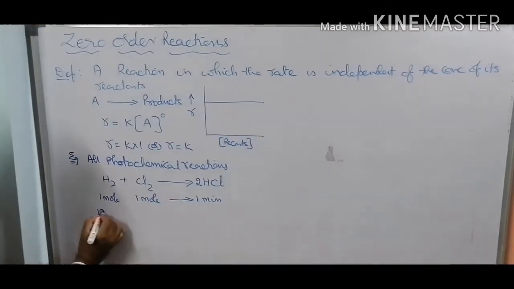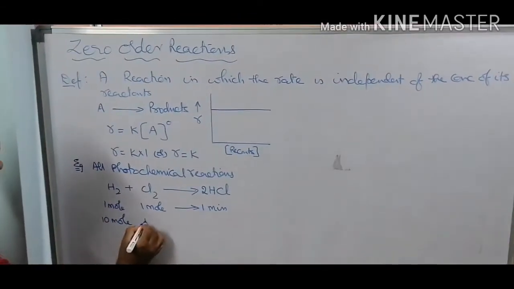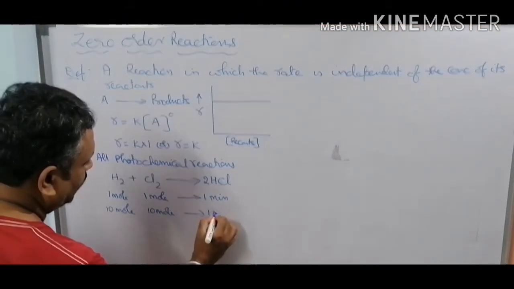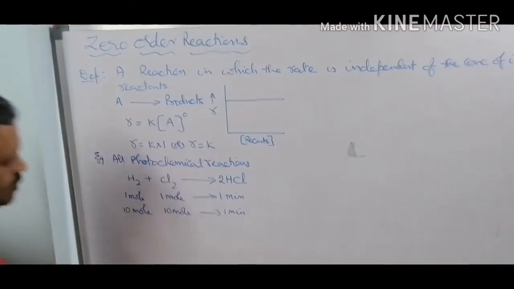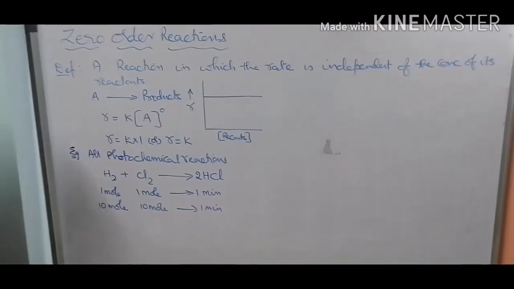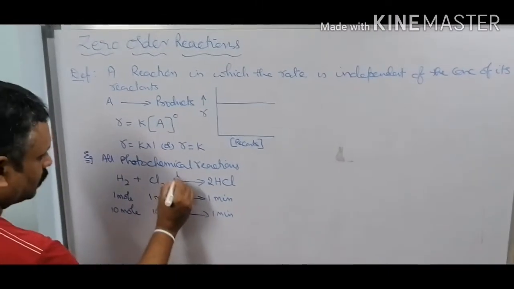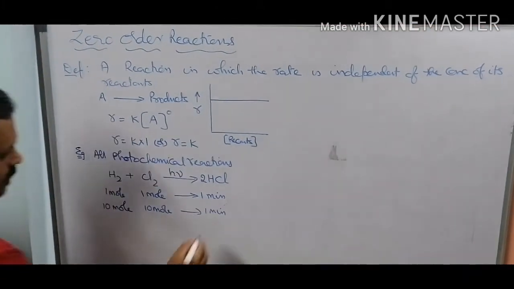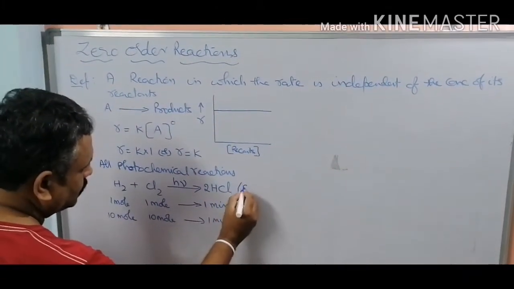Then let us raise it to 10 moles each. But still the reaction time doesn't vary, it remains almost the same. But if you put sunlight or UV light in this reaction, then the reaction completes in seconds.